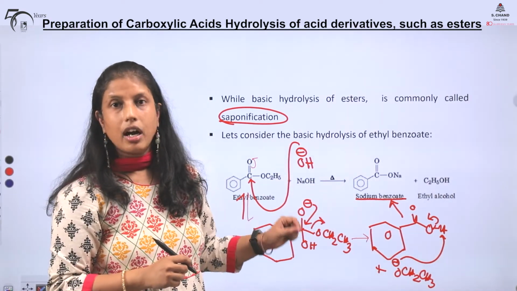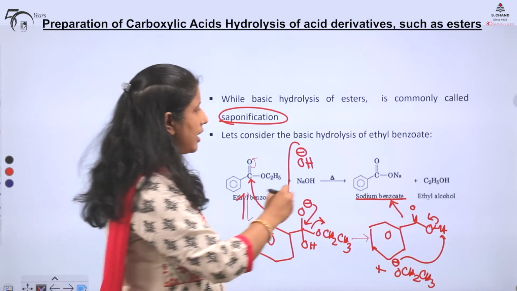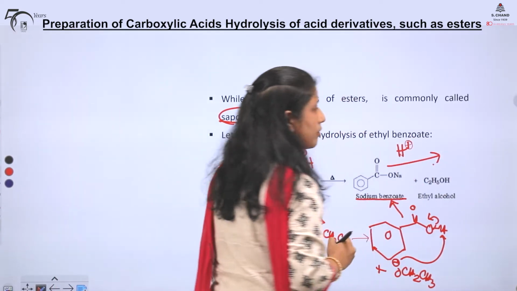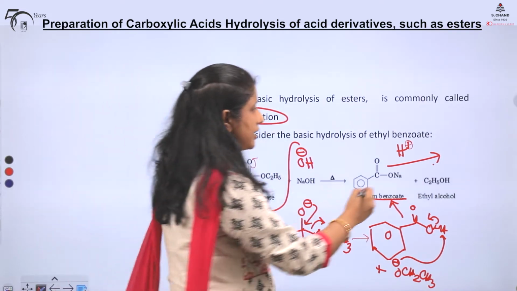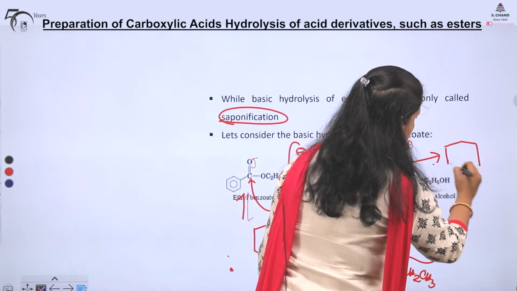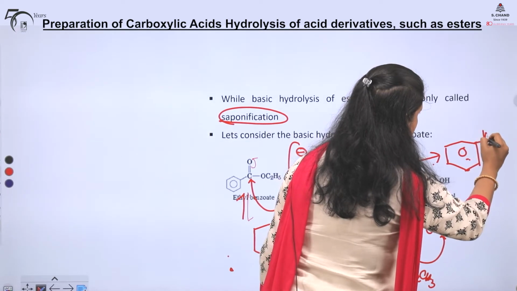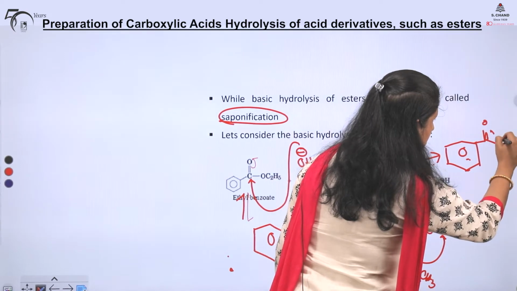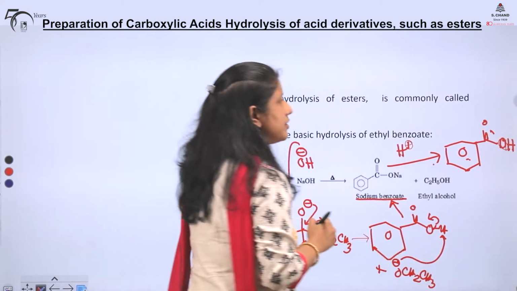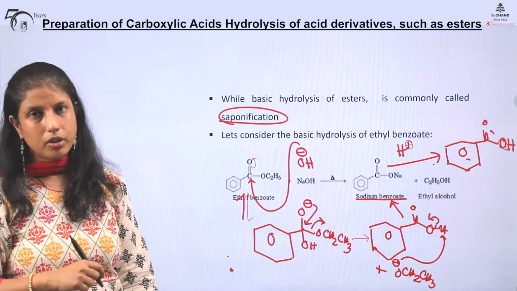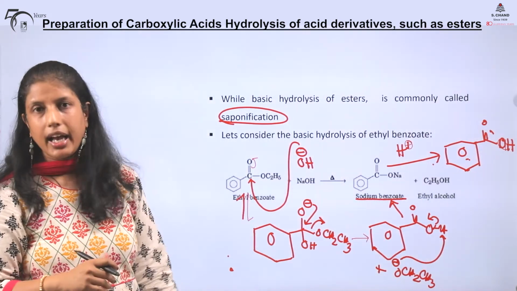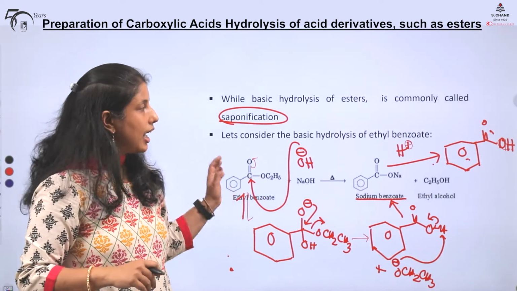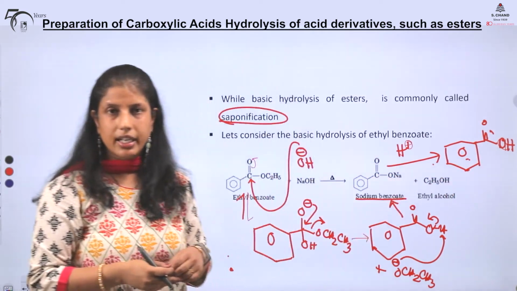Now that we have our sodium salt of benzoic acid, a simple final step by treating this with an acid gives us our benzoic acid molecule. So, here we had the basic hydrolysis of ethyl benzoate, ultimately giving us benzoic acid.